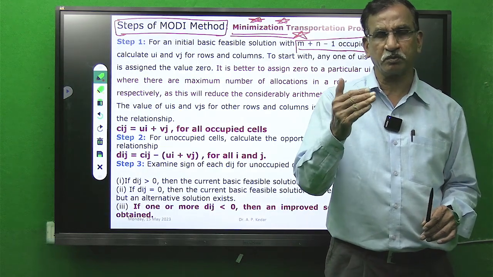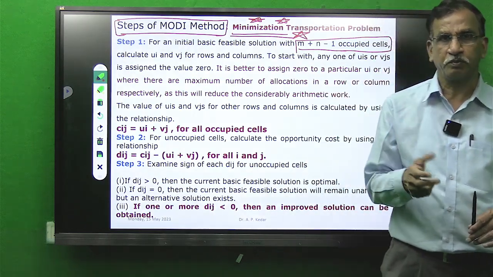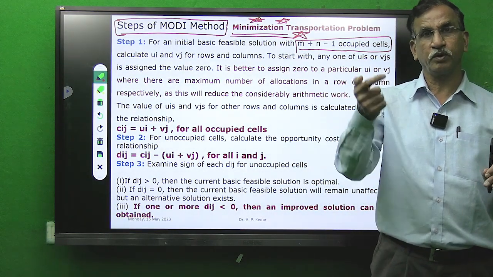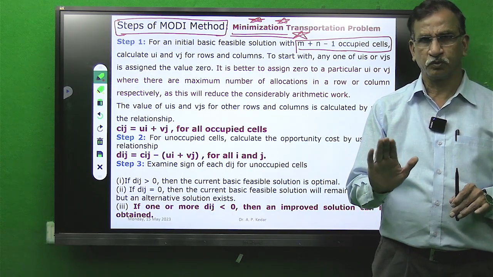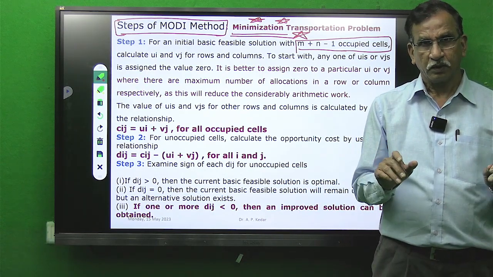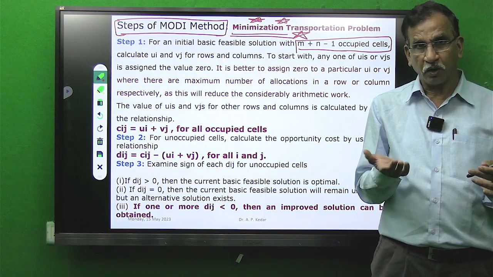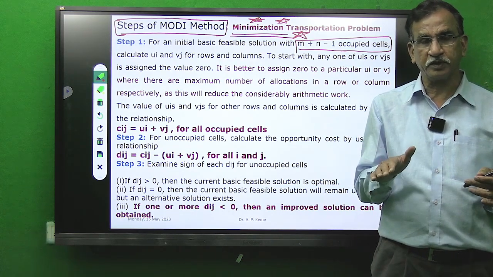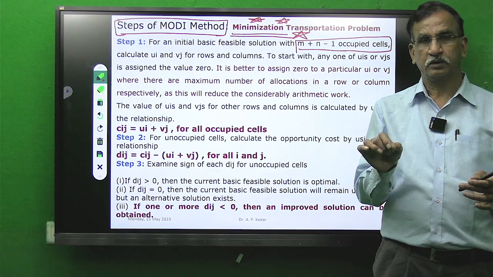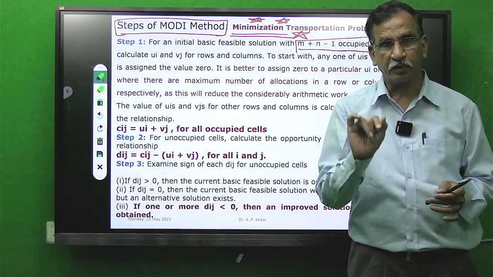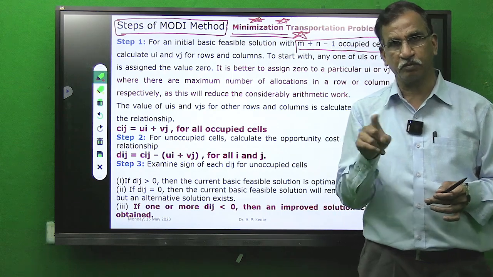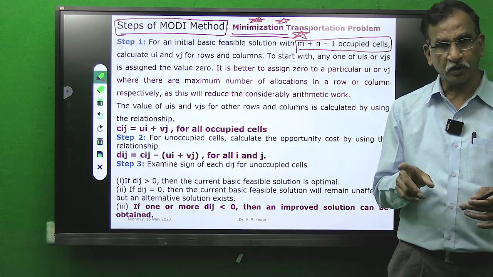It is not possible to solve the problem further unless we overcome degeneracy. It can be overcome, no issue. But for the problem to be without degeneracy, the number of allocations has to be equal to m plus n minus 1, m number of rows, n number of columns.